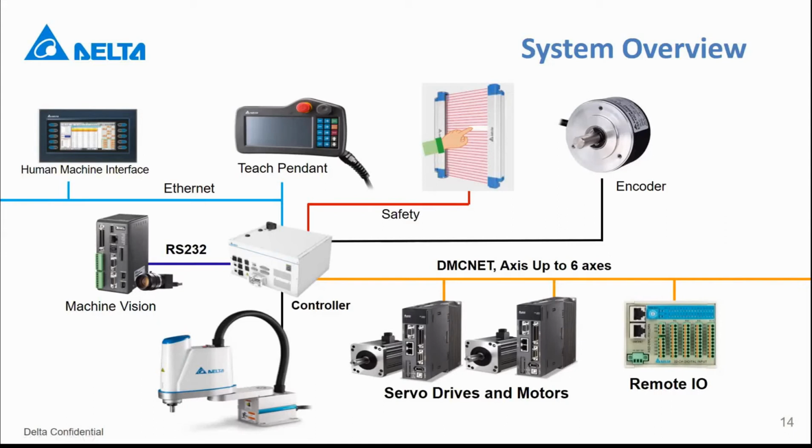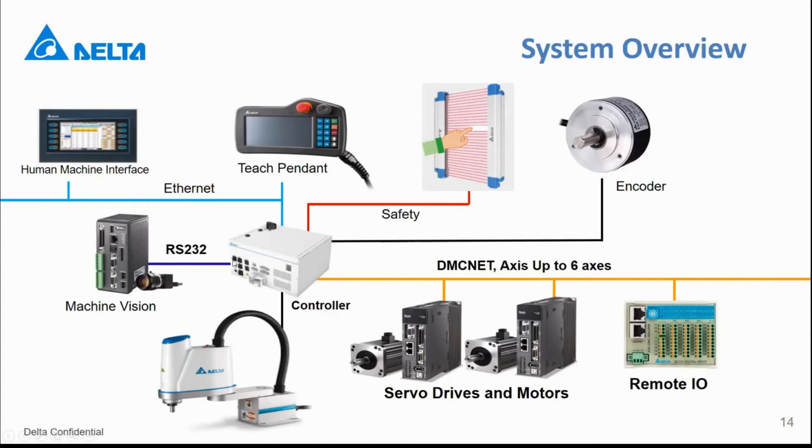So in this picture, you can see we have RS-232 and also 485. We can connect to our field devices like machine vision or some sensors. And we also have Ethernet to communicate with devices like the HMI or teach pendant. Both of them are based on Modbus.